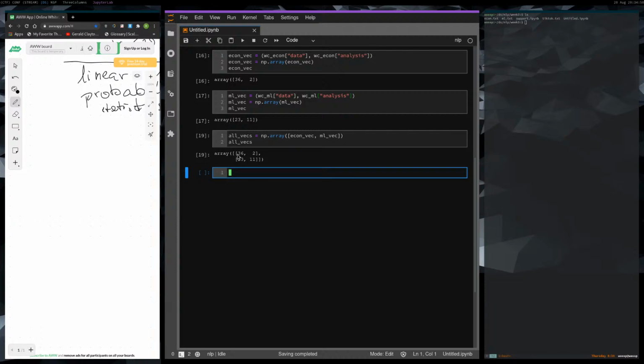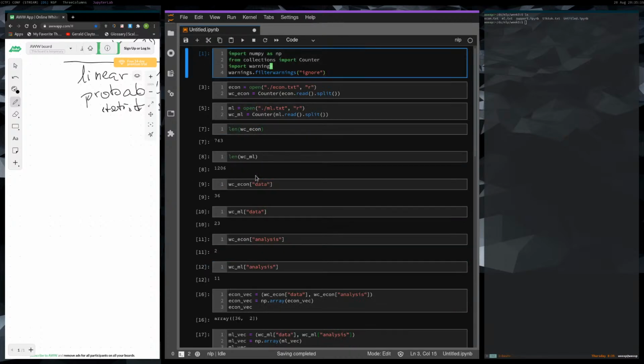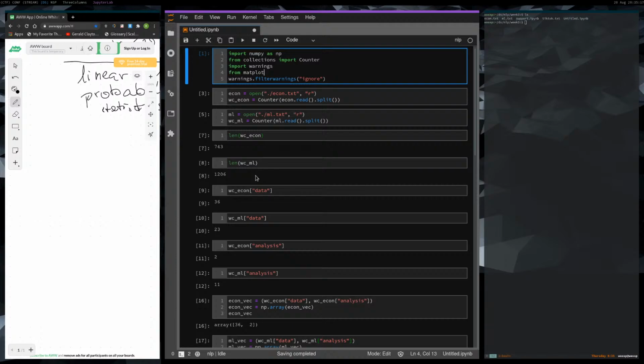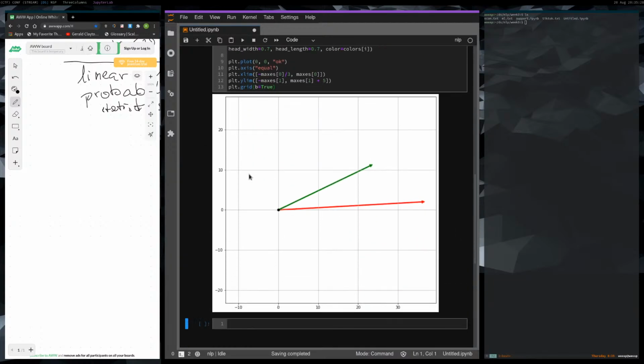All right, looks good. So we're getting there. I'm now going to borrow this piece of code to speed things up. And these two vectors look like this.